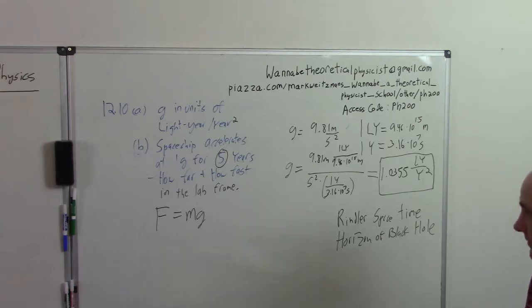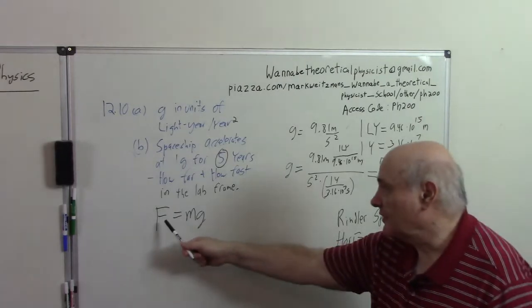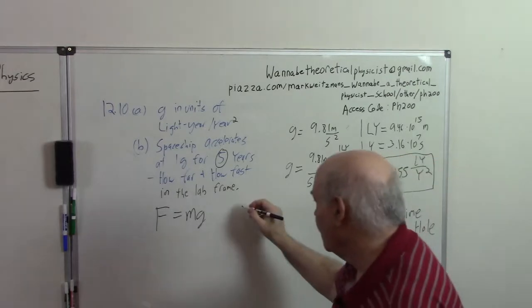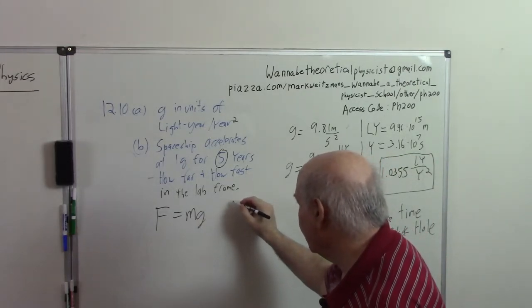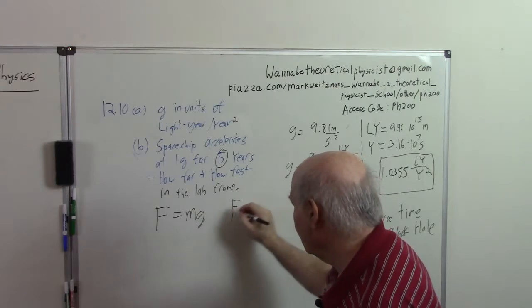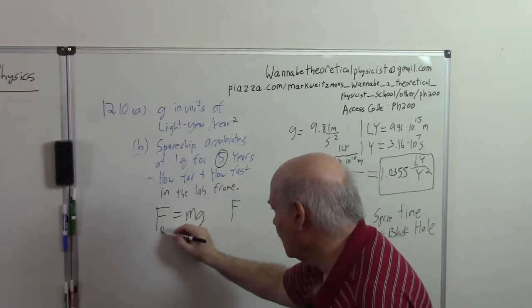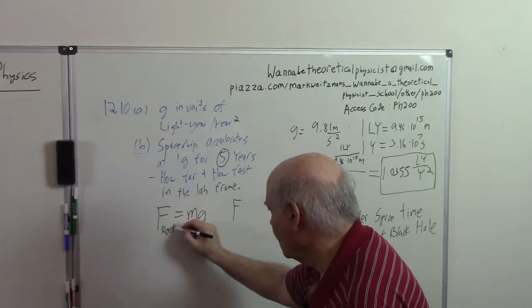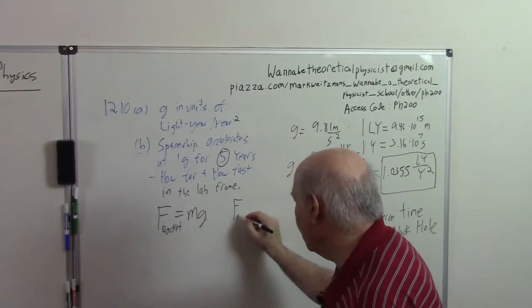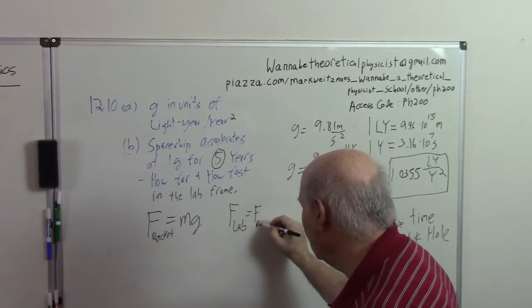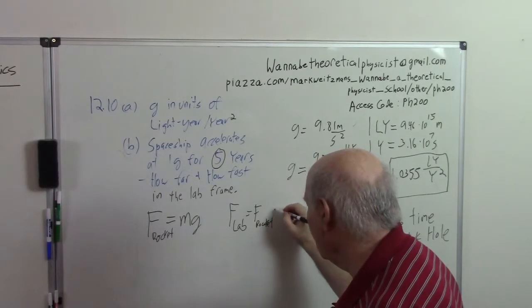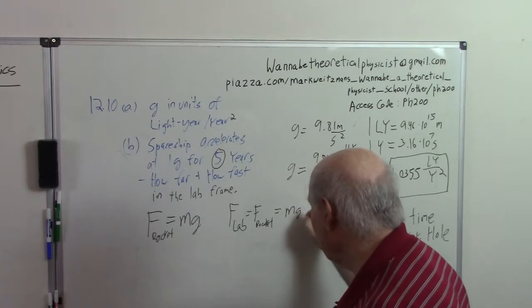And because the force is constant, and we showed in the previous problem that the force will be the same in the lab frame or in the rocket frame, the force in the lab is equal to the force in the rocket. That's equal to mg.